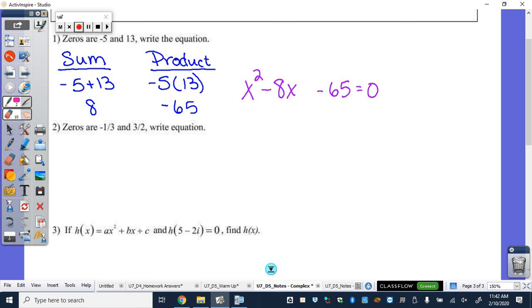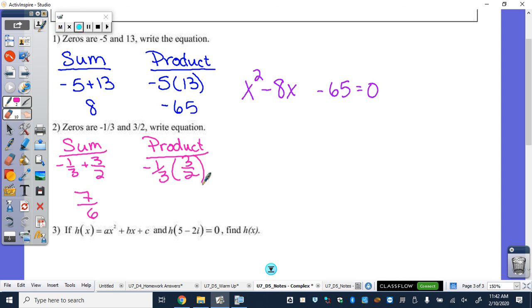All right, let's try it for the next one. So negative 1/3 plus 3/2. What does that give us as a fraction? So product, multiply the two of them.